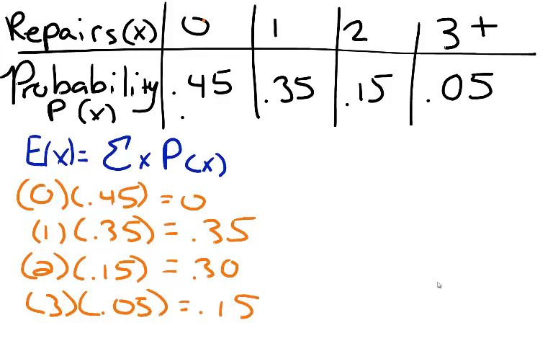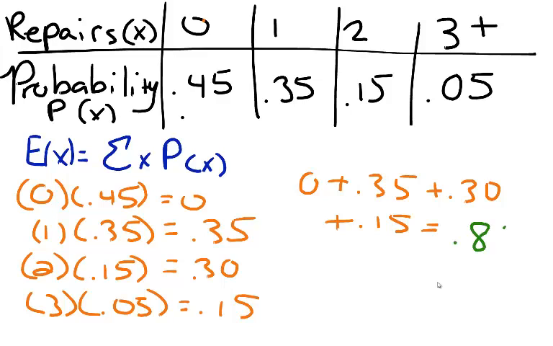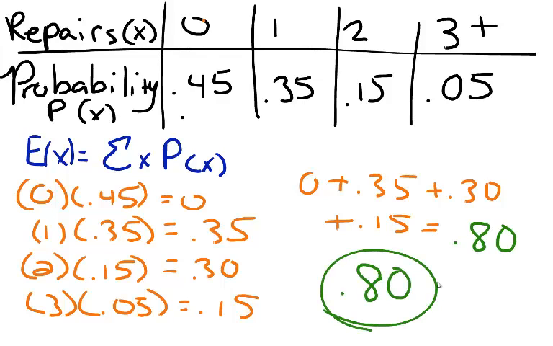Now we'll sum the results. 0 plus 0.35 plus 0.3 plus 0.15 equals 0.8. Therefore, the expected value is 0.8. That represents the expected value, or mean, or average number of repairs over the course of a year associated with this product.